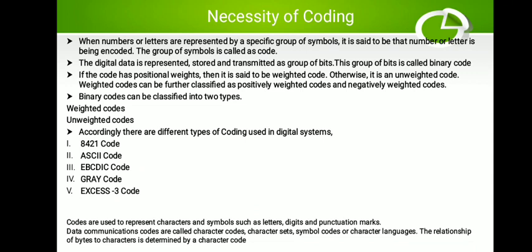So it is a 7-bit code, remember that. But 7-bit code means how many combinations can we have, how many different symbols can we represent here? 2 raised to 7, which is 128 total different characters we can encode.